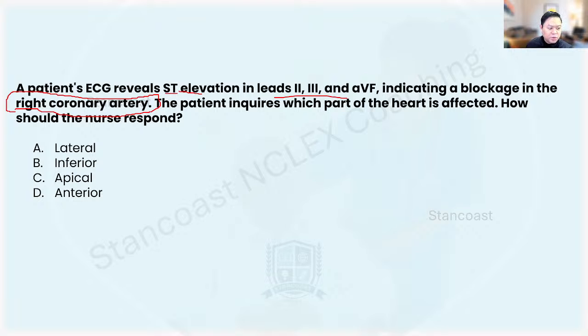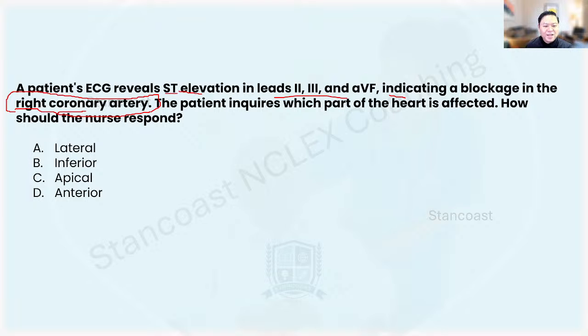So this is going to be different from what we have passed through earlier. Like I've said again, the blockage is not in the left anterior descending. This time it's on the right coronary artery. Okay. So this will probably surprise you.